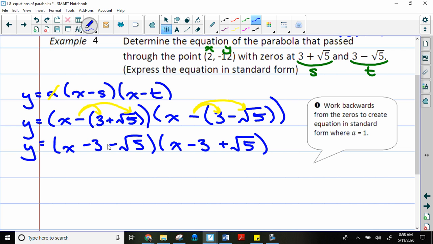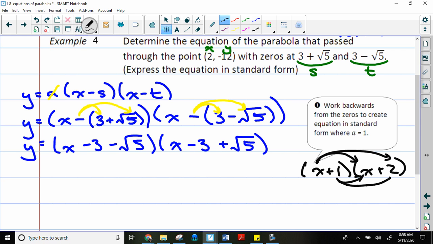So if this was a FOIL question, and you had (x plus 1)(x plus 2), you would go first, outside, inside, last. But what you're doing is you're guaranteeing that this piece of the first bracket gets multiplied by everything in the second bracket, and then that piece of the first bracket gets multiplied by everything in the second bracket. In this question, we've got 3 pieces in our first bracket.